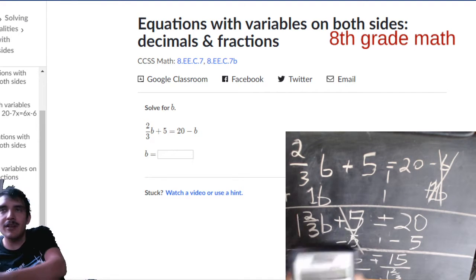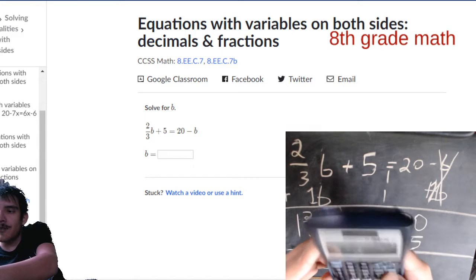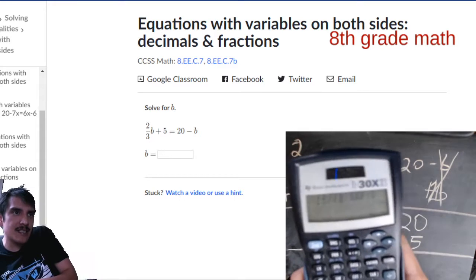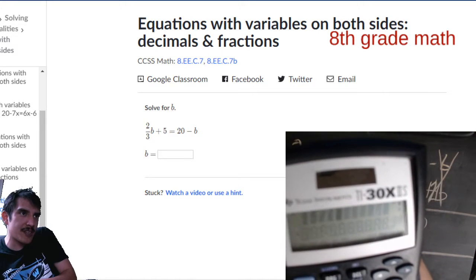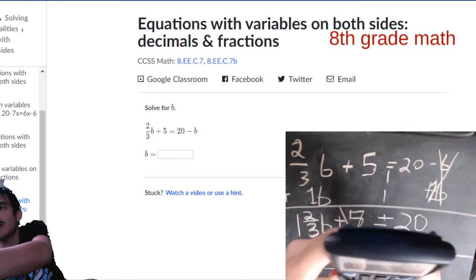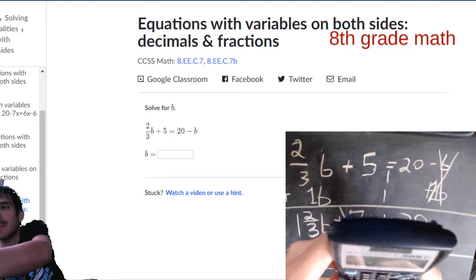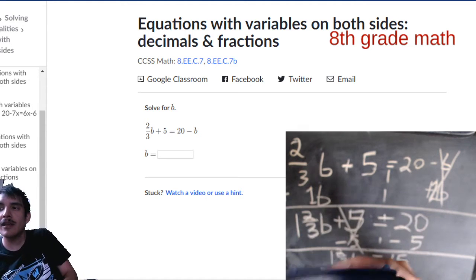Here's the way I would do it. I would do 15 divided by parentheses. And in the parentheses, you're going to go 1 2/3. The way you do that is 1, fraction button, 2, fraction button, 3.